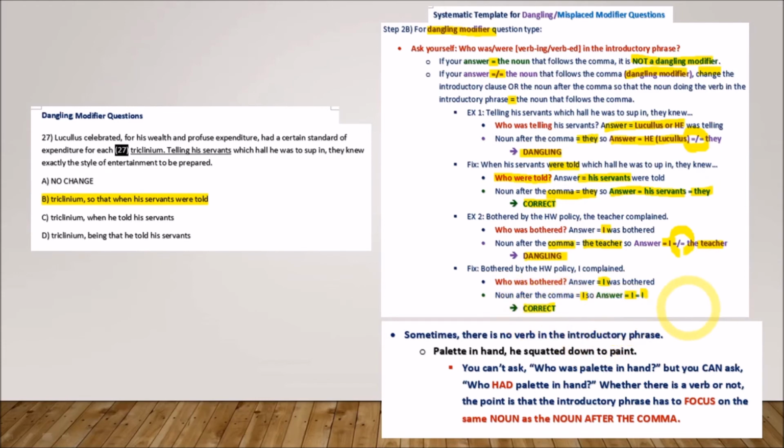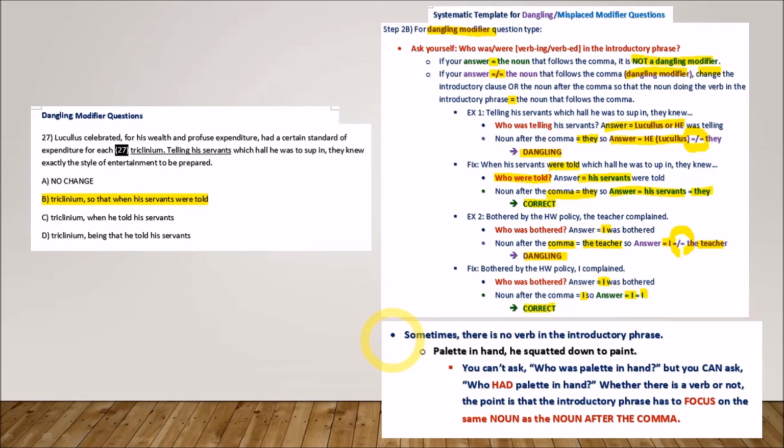So in summary, the subject doing the introductory clause verb must be equal to the noun that follows the introductory clause, comma. If they don't equal, change either the introductory clause or phrase or the noun after the comma to equal the other.